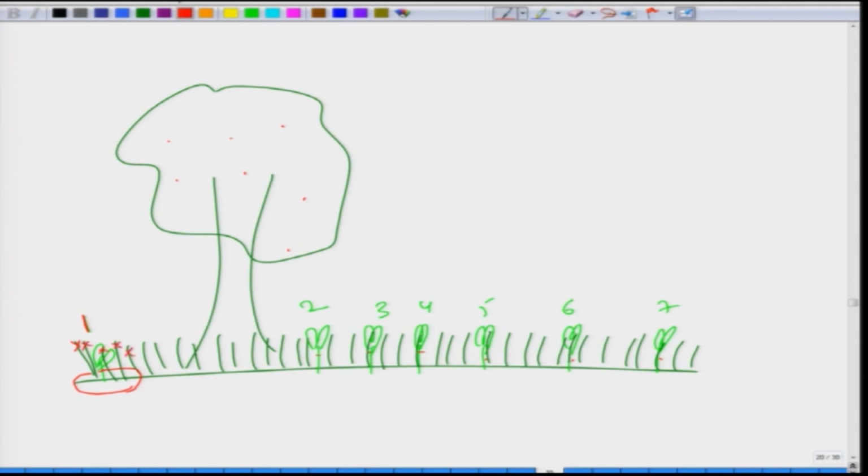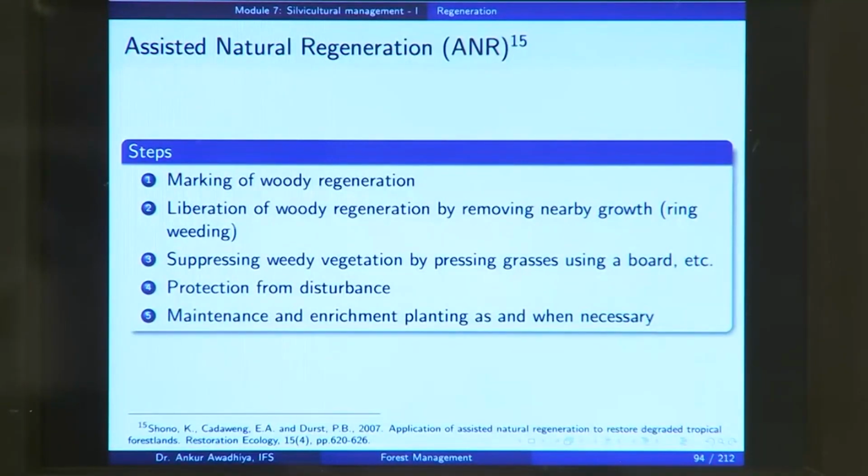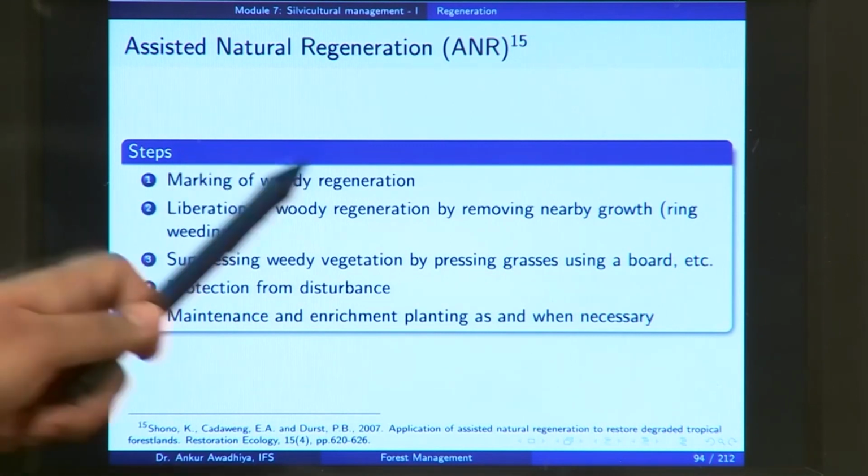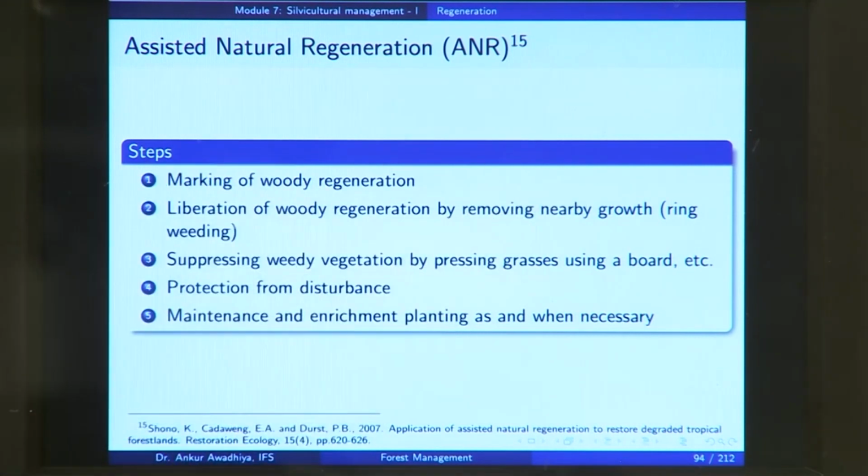So, you are not trying to remove all the grasses, but around every plant in a ring fashion you are removing the grasses, so that the competition that your seedling was facing is now removed. So, you liberate, this is known as liberation. So, you liberate the woody regeneration by removing the nearby growth in a ring weeding fashion.